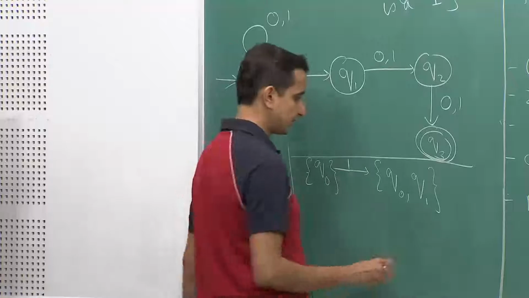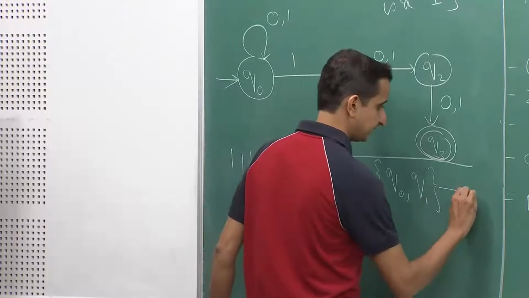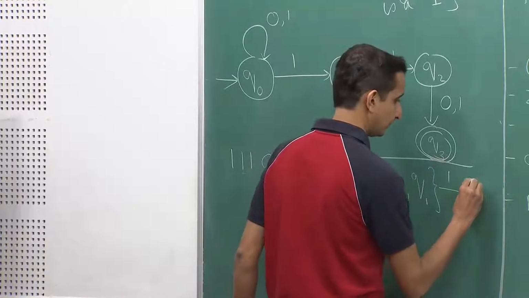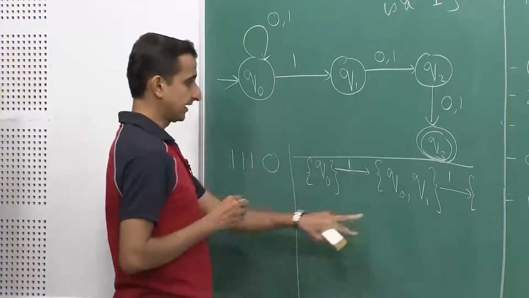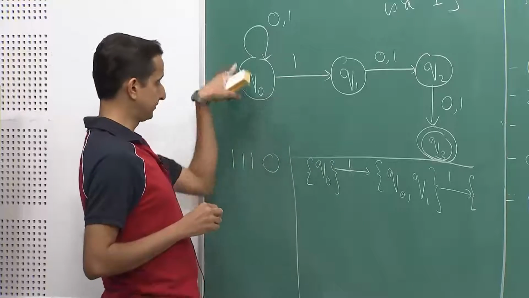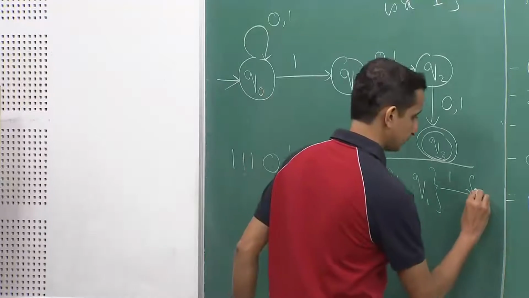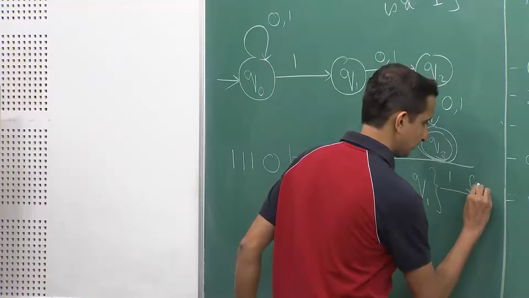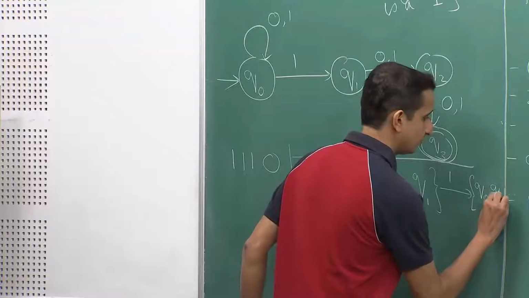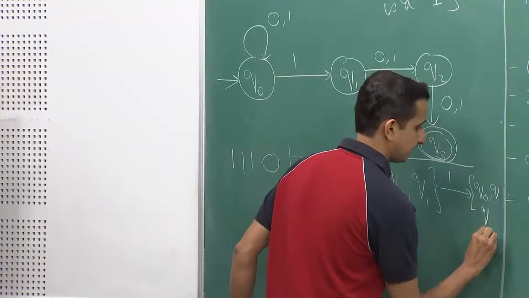Now, from Q0, Q1 on seeing the next 1, where do we go to? Again from Q0 we go to Q0 and Q1, and from Q1 we go to Q2. So, we go to Q0, Q1 and Q2.